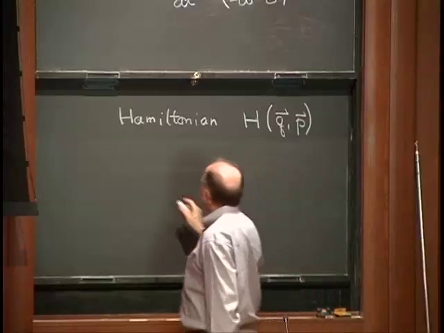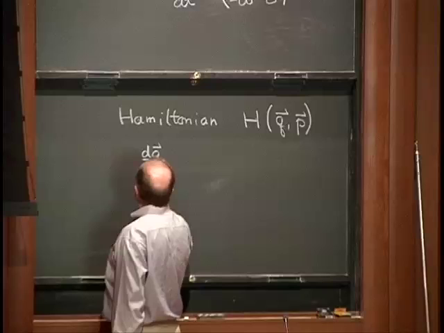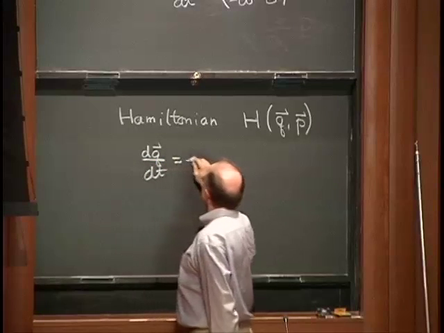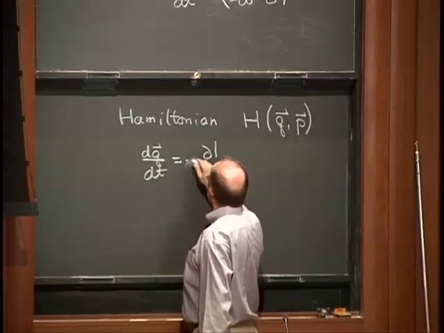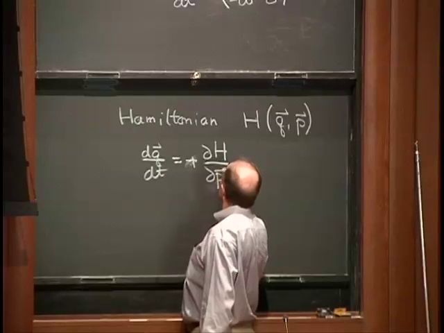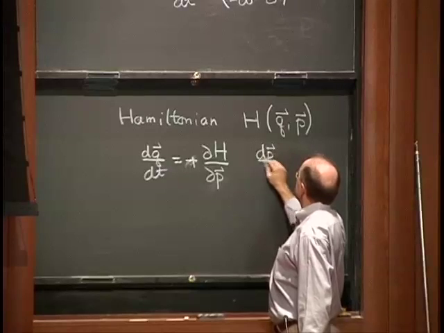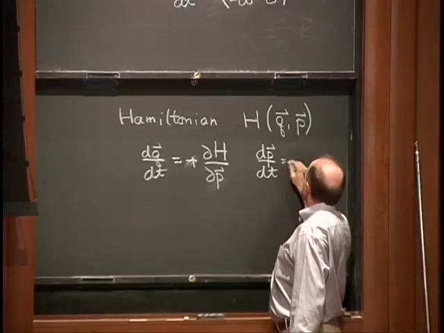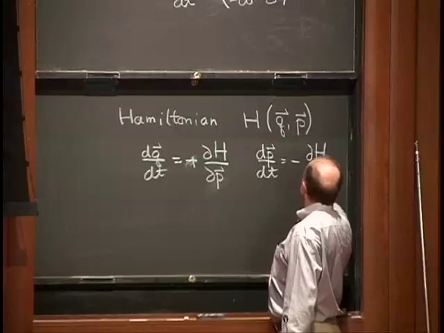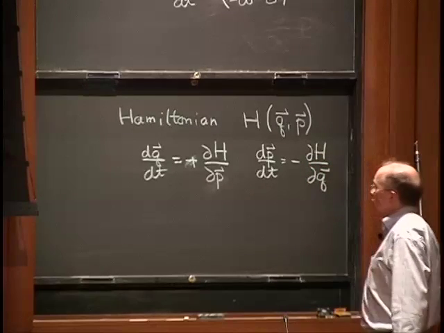The equations of motion are Hamilton's equations, which say that the rate of change of the position is plus the partial of the Hamiltonian with respect to momentum, and dp/dt is minus the partial of the Hamiltonian with respect to position.